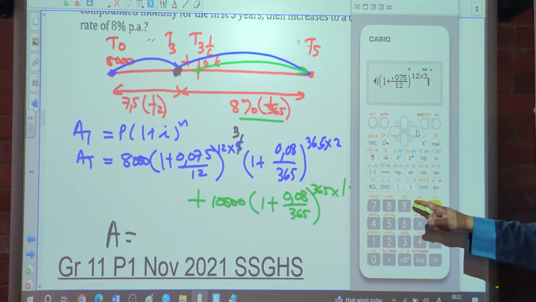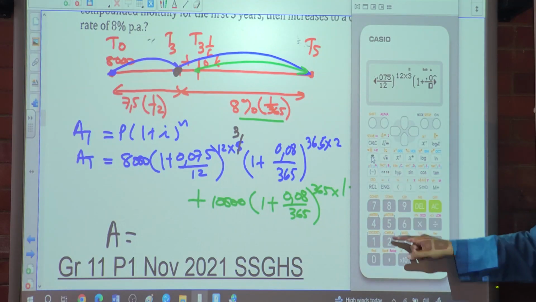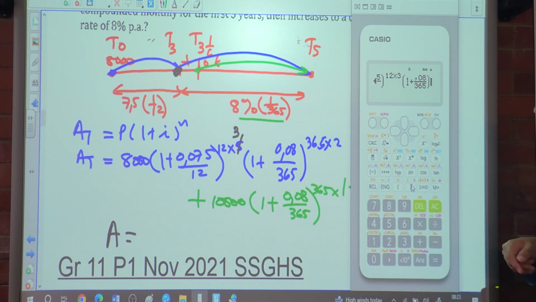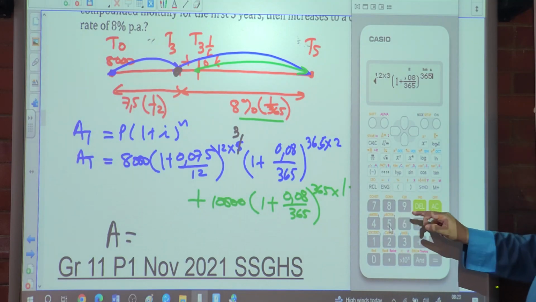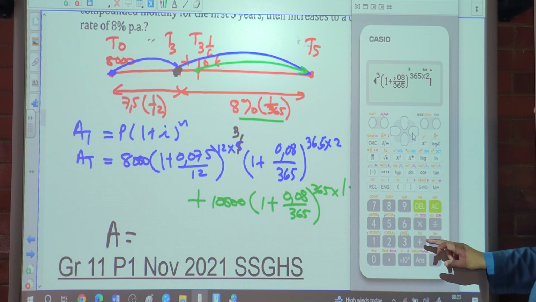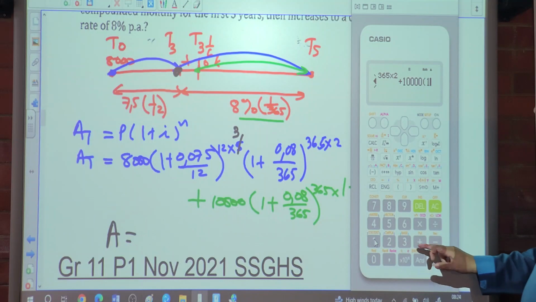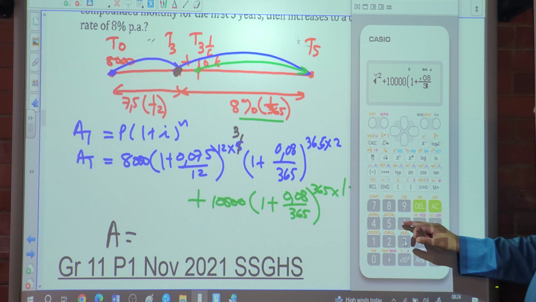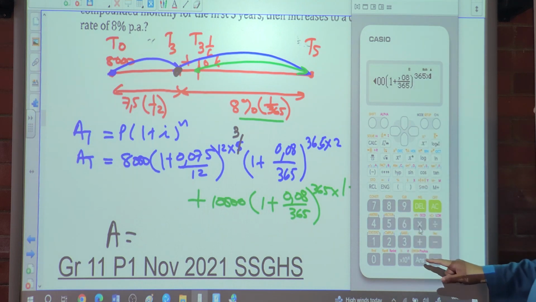Times 3, into 1 plus 0.08 over 365. Did I do this method in the memo as well? Okay. To the exponent 365 times 2, plus 10,000 into 1 plus 0.08 over 365, to the exponent 365 times the answer that we calculated in the previous calculation.